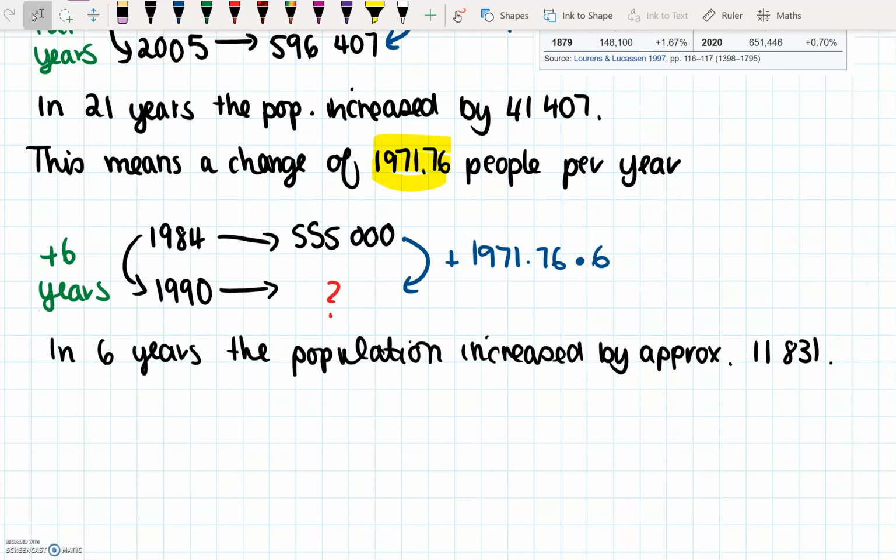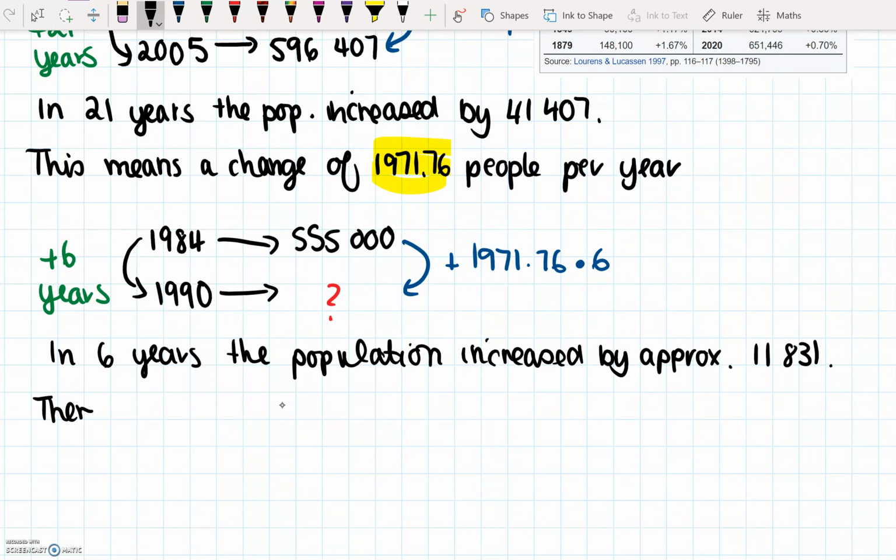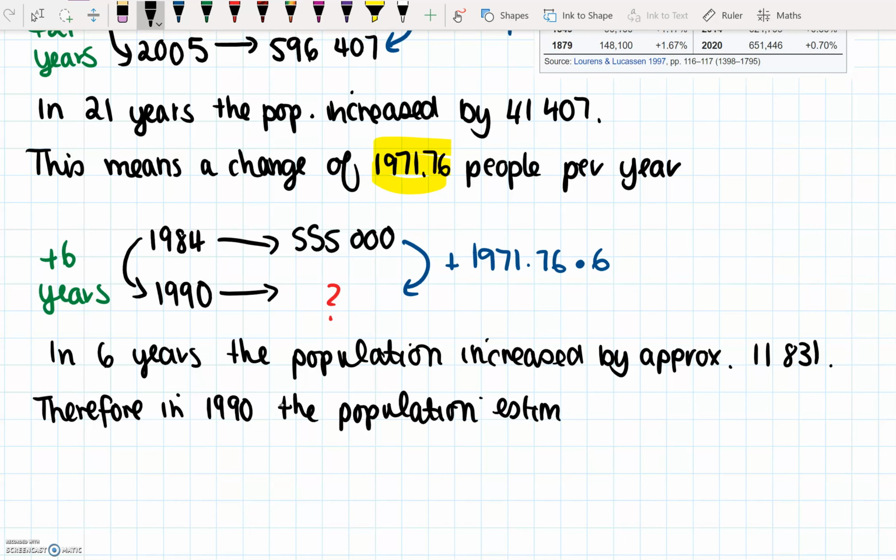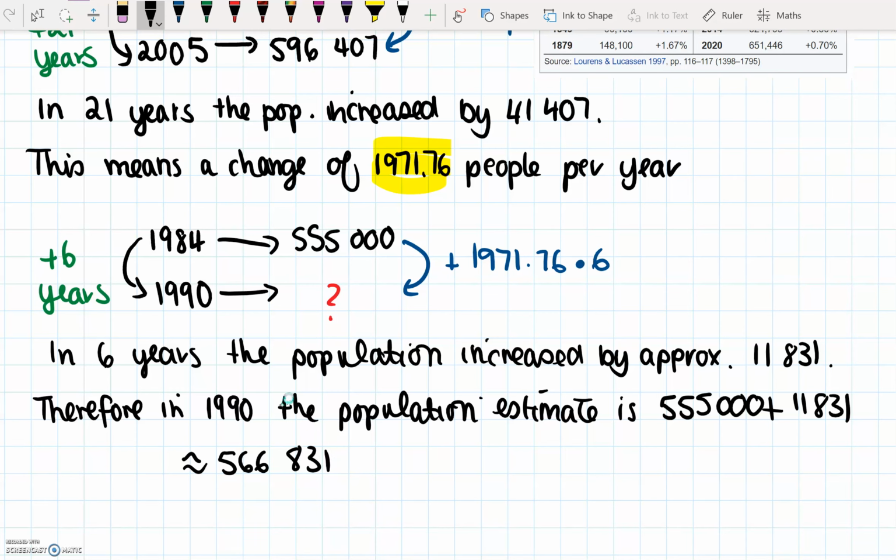So now to work out our final answer, therefore, in 1990, the population estimate is 555,000 plus 11,831, which gives us 566,831 people.